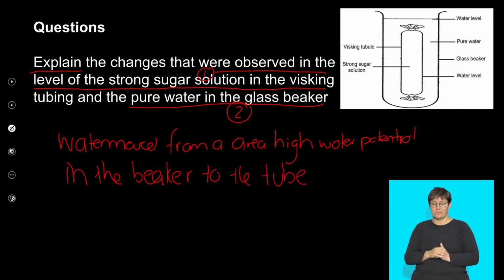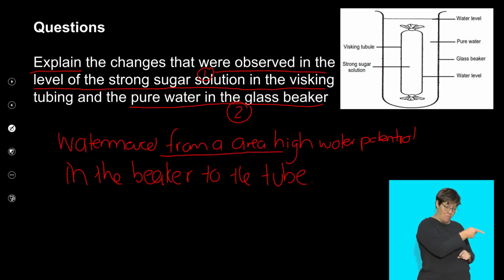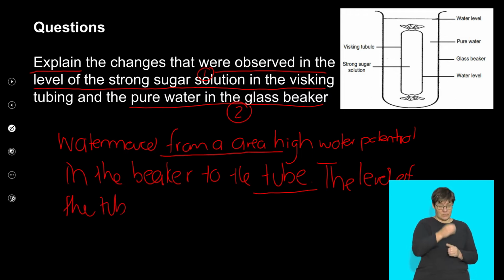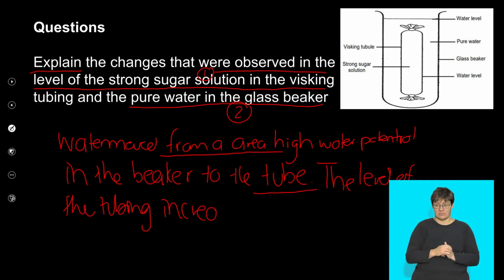So what happened here? Water moved from the beaker into the tubing, which means, let's answer it, all right, the level of the tubing increased. There we answer the second one.